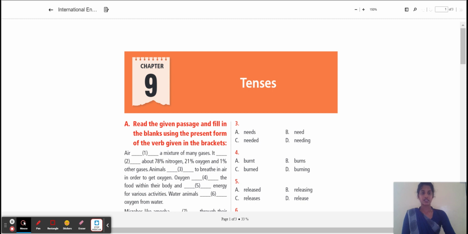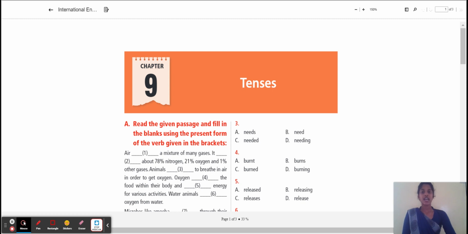Was and were are the past tense. You can use is for the he, she subject, and was for the he, she subject. Are or were we can use for the plural subject. Am is used for the I subject personally.